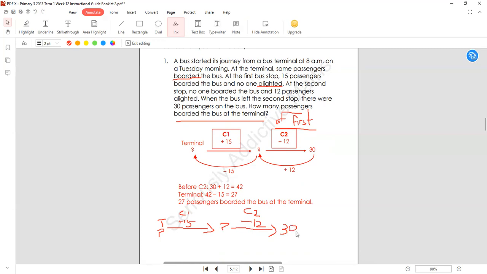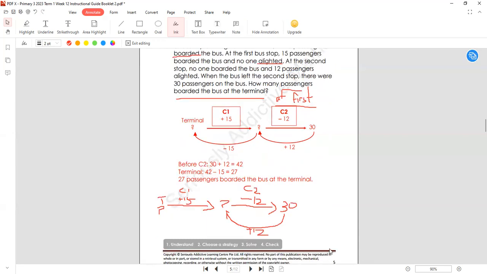Okay, so working backwards, right, because it's the first question, right, means everything is in reverse, right? So we need to find out what happens here. So if it's minus 12, right, you work backwards, it becomes plus 12. Okay, and after that, work backwards, right?